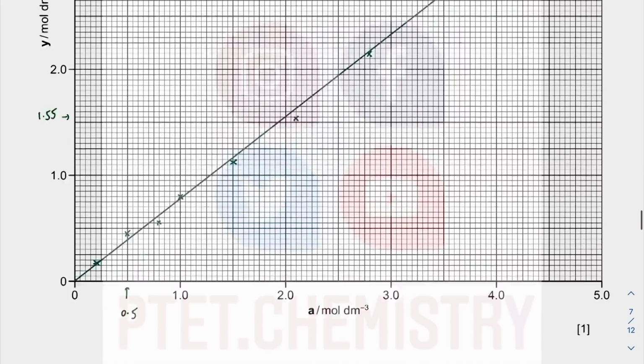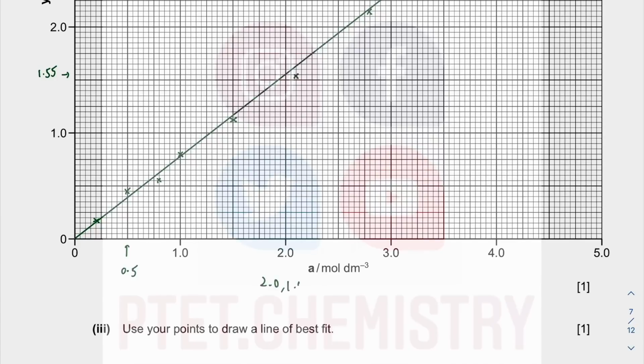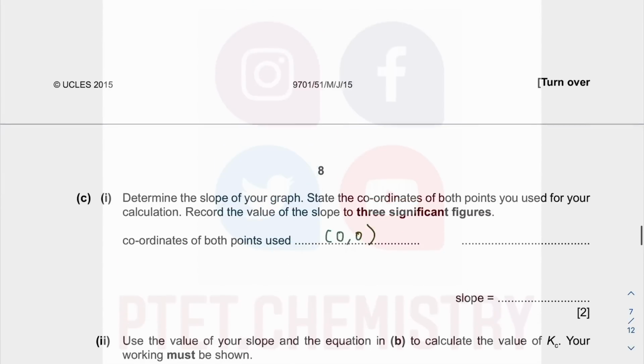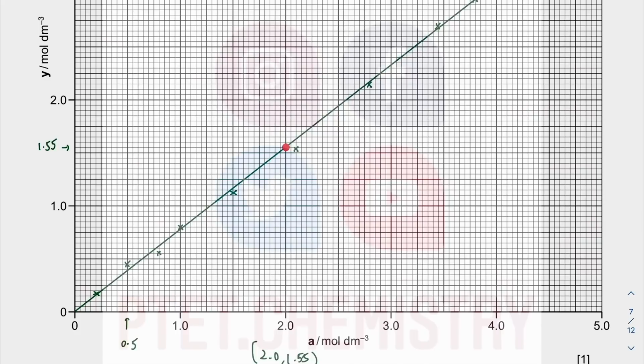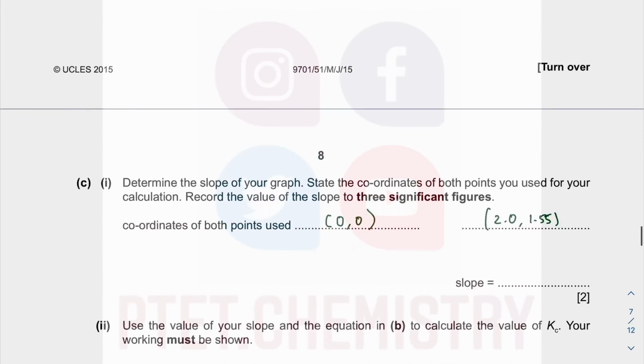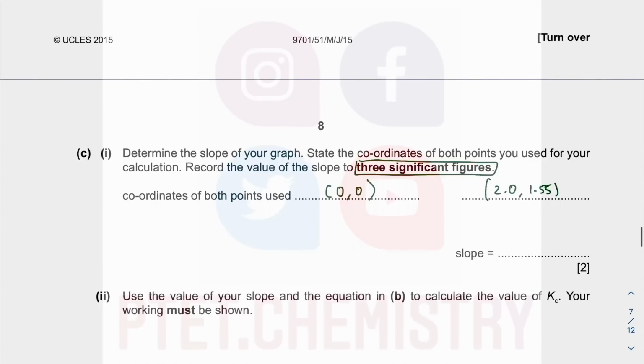So 2.0 and 1.55 is my other coordinate. So it's basically there. But you have your own line, so you should use your own data. Don't be surprised that your value will be slightly different from mine, unless your graph was badly drawn, I guess.